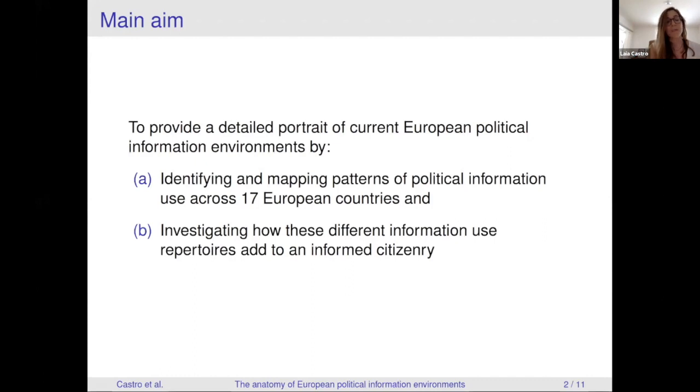In a third step, we investigate how these different information use repertoires add to an informed citizenry, that is, how different news use profiles relate to levels of political knowledge, to proxy, somehow, their informative value.